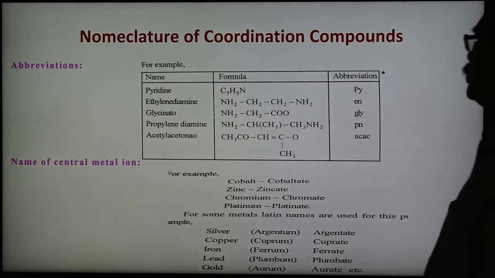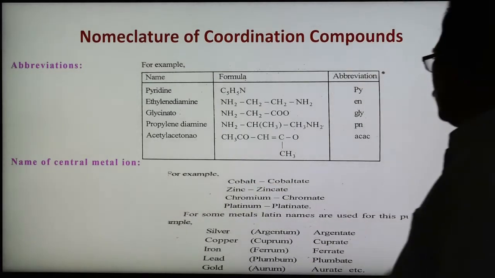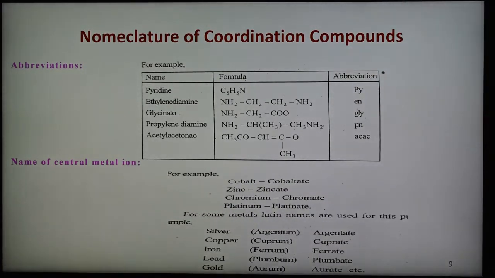Sometimes the name of the central metal ion also we have to write. In case of the name of the central metal ion, if the central metal atom is a part of a positive ion or a non-ionic neutral complex, its name is used without any change.